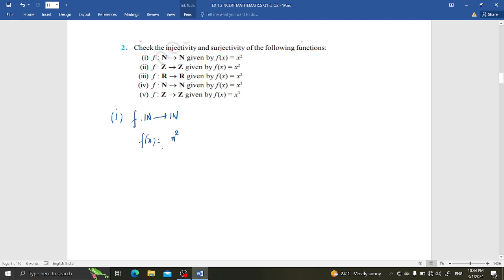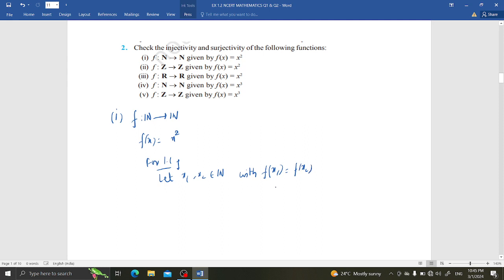Now how can we check whether the function is 1-1 and onto? See, for 1-1, according to the definition we can go: let x1, x2 belong to the set of natural numbers, and we need to assume that f(x1) equals f(x2).